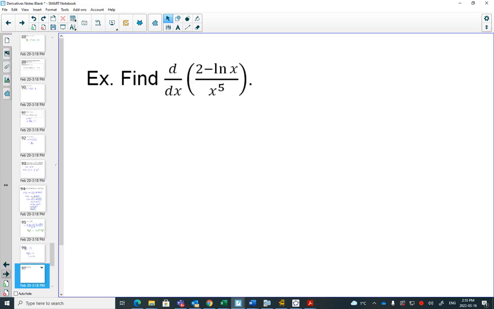Oh yeah, we got another derivative. Product rule, quotient rule. Can you see the quotient rule here?